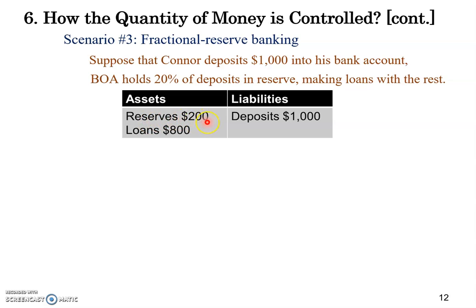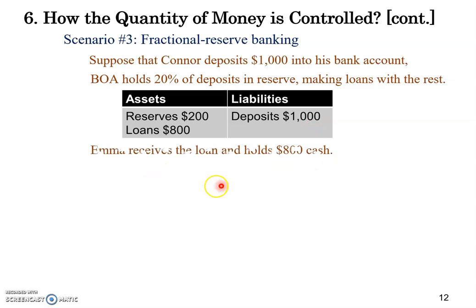We get this number $200 by using $1,000 times 20% in reserve. And of course, the remaining $800 would be available for the bank to make loans. On the right-hand side, it stays the same. BOA still owes Connor $1,000.